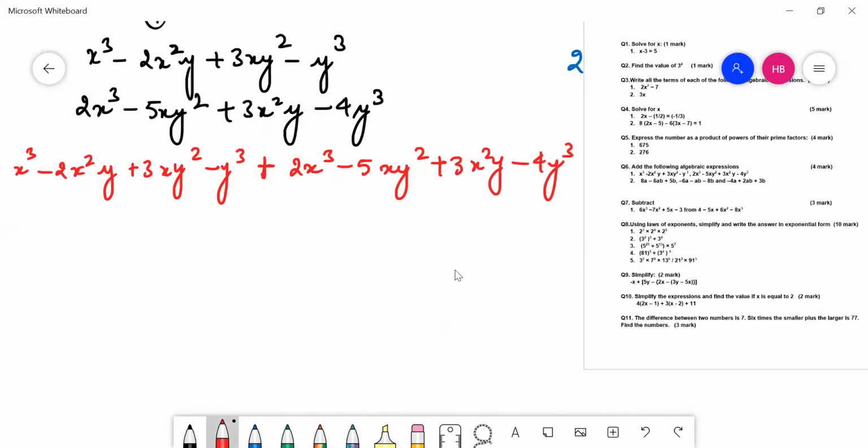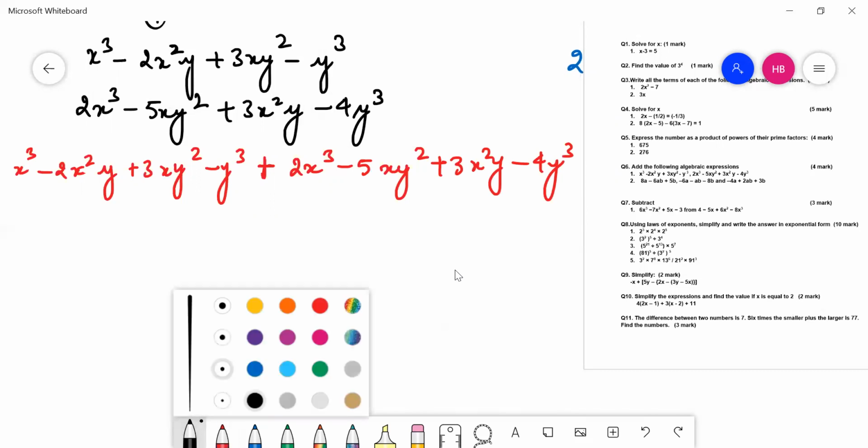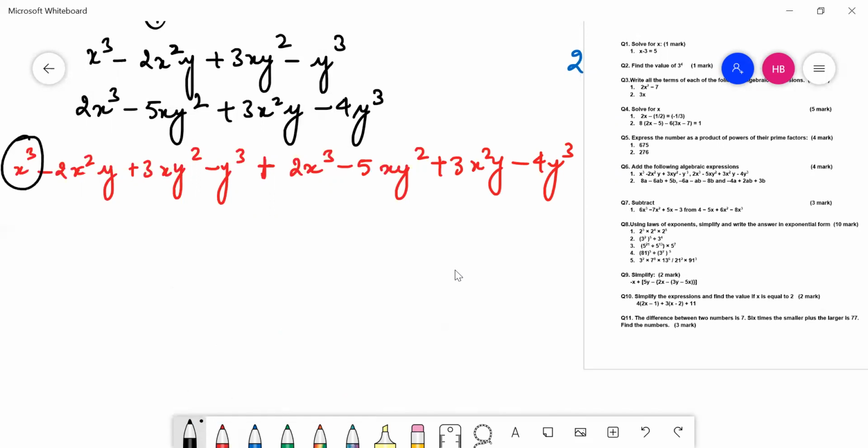Okay, so I'm going to take the like terms together. So find the like terms. x cube and 2x cube are like terms, so I'm going to write them in brackets together: x cube plus 2x cube.